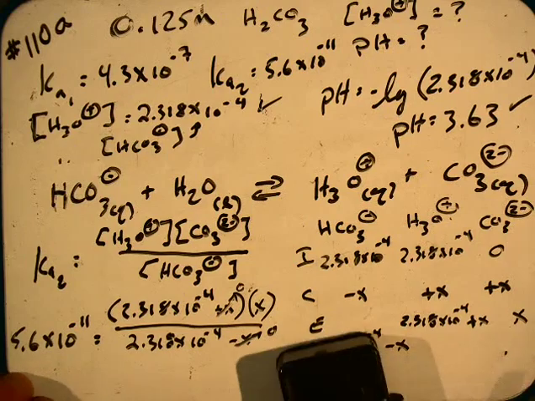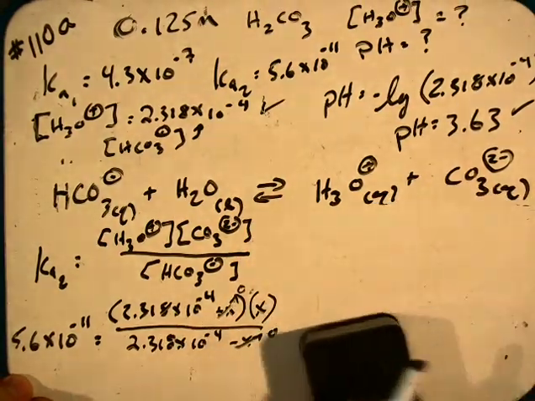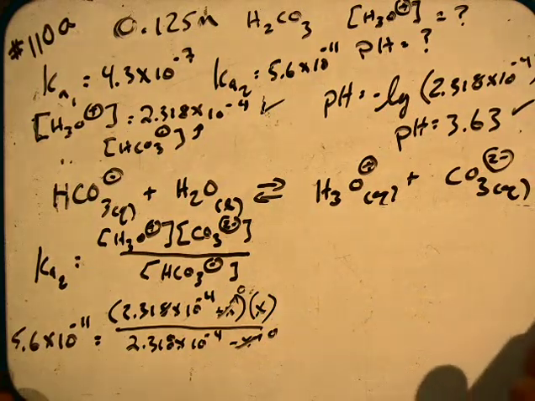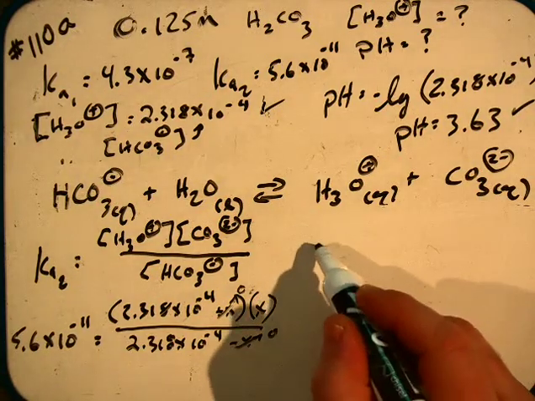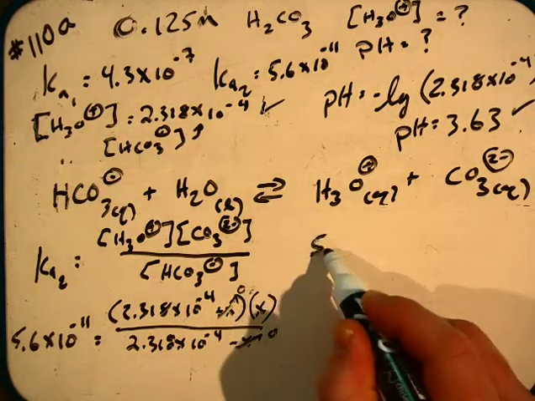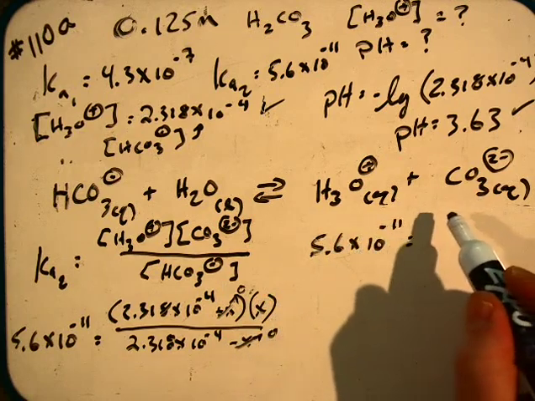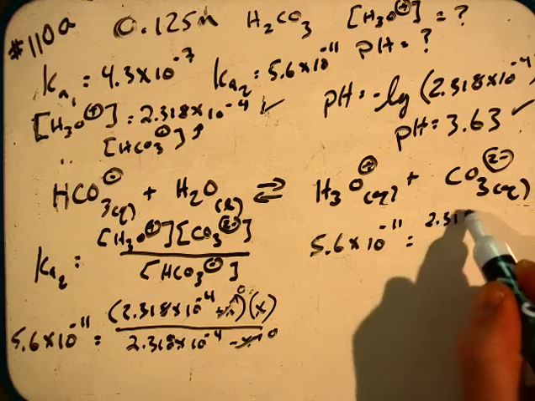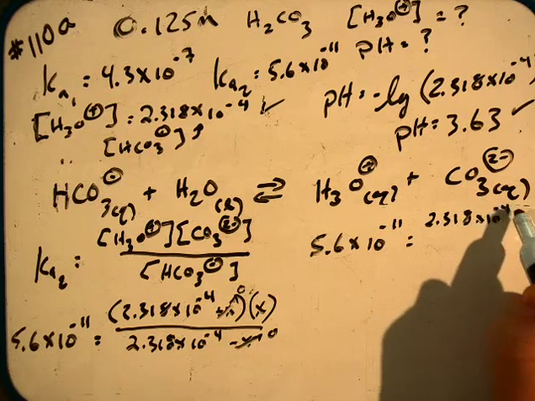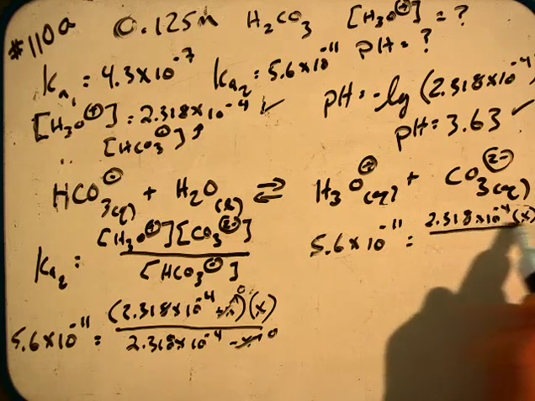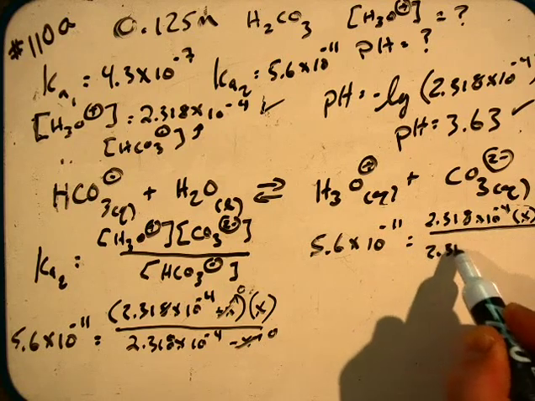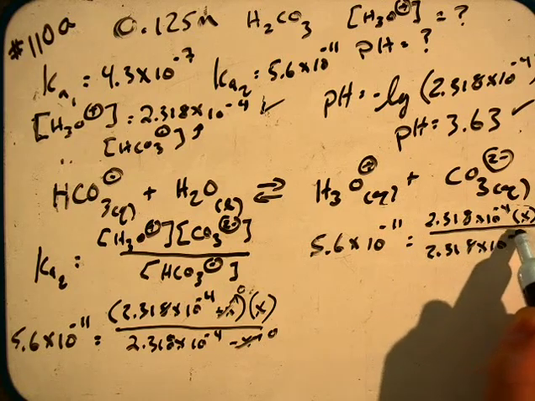And so I need to make a little bit more room. If we come over to here, that means that our 5.6 times 10 to the negative 11th is equal to 2.318 times 10 to the negative 4th times x over 2.318 times 10 to the negative 4th.